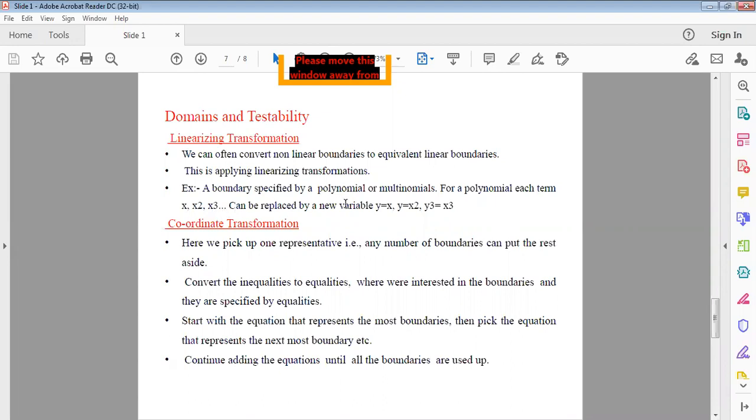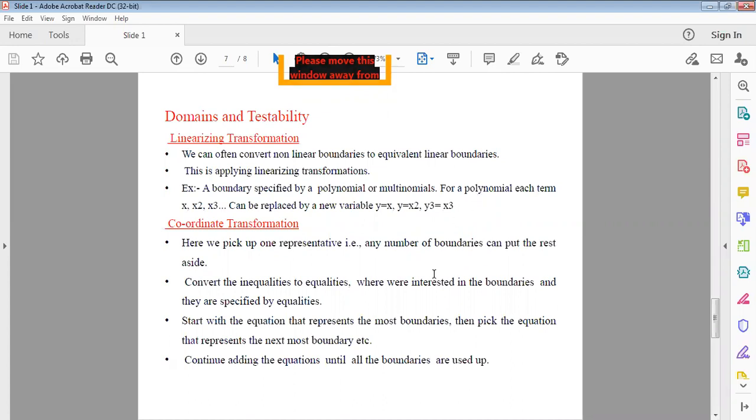These can be replaced by new variables: y equal to x, y equal to x square, y equal to x cube, in equation format, using equalities or less than or greater than operations. Using those operations, you can consider it a linear boundary. By converting the non-linear into equation format, that transformation is called the linearization transformation.